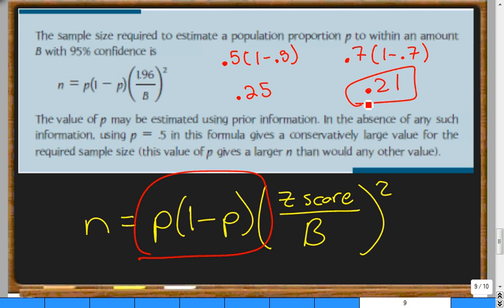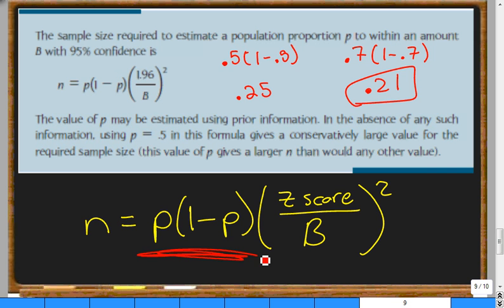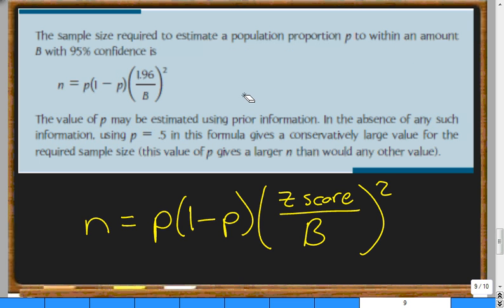So we're going to get a smaller sample size here for that, because this number here is smaller. If that's smaller, then the n is going to be smaller. And if we don't know our proportion, we want to just assume to make a very conservative guess, give ourselves the largest sample size, just so that we know we can be very confident that all our data is working. So basically, this is just in case they don't give you the information, you're going to say, okay, we're going to just go ahead and call p 0.5 or 50%.